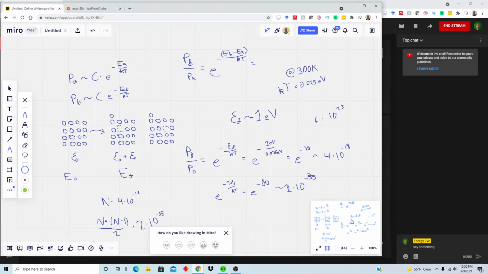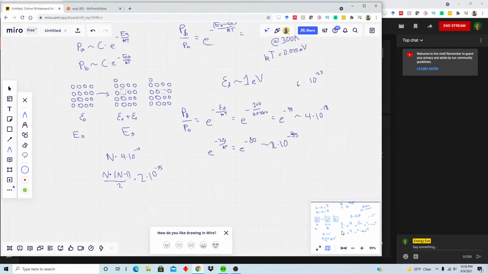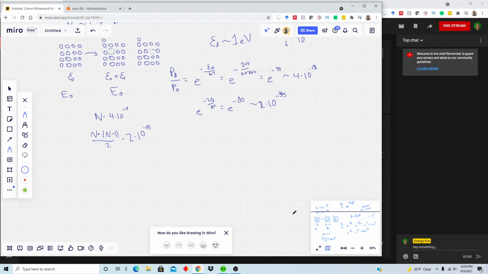And so what's interesting is when we start looking at it in this light, we realize that there's a lot more chances of us having a defect because there's more microstates. And so there's actually going to be a balance between having a certain amount of defects and then having the number of defects occur.